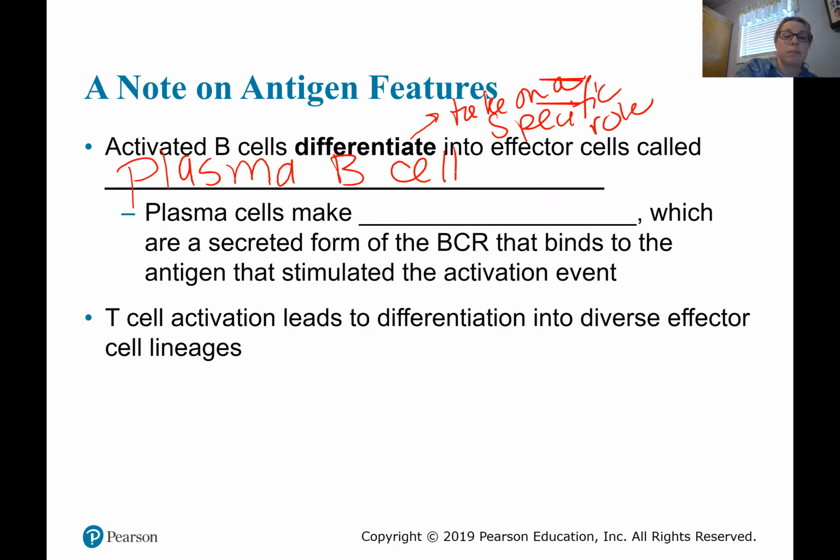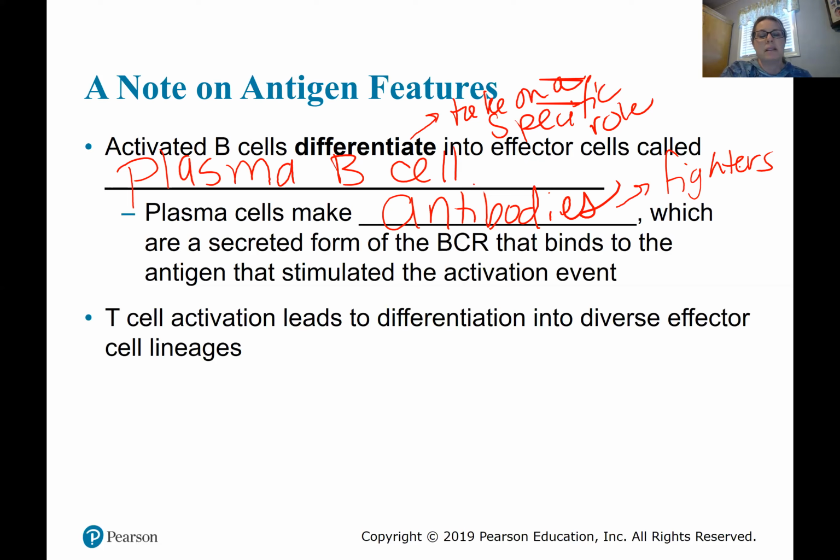And these plasma B cells make antibodies. That is their job, to make antibodies that go on and then do the fighting. So the antibodies are going to be the fighters. The plasma B cells make the weapons.